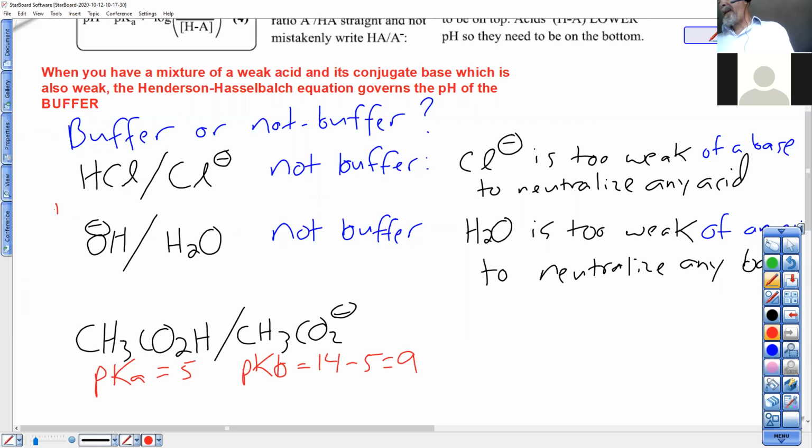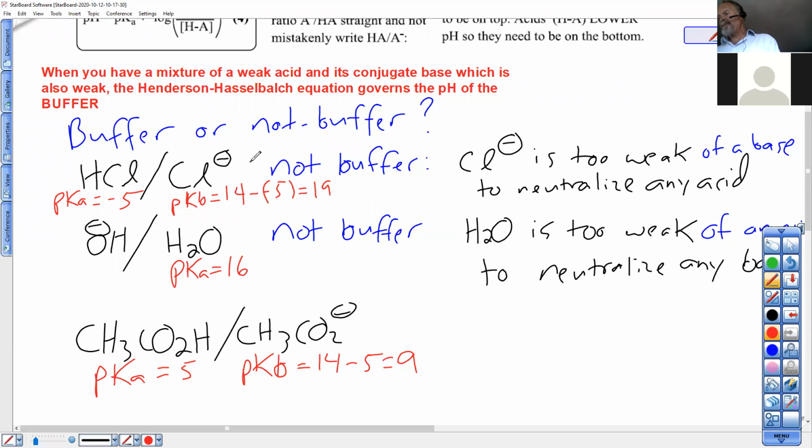Going back here, pKa is -5. Here, don't put a pKa under hydroxide. It's not the acid. Here, the pKb equals 14 minus -5. Oh, this is terribly weak. Okay.